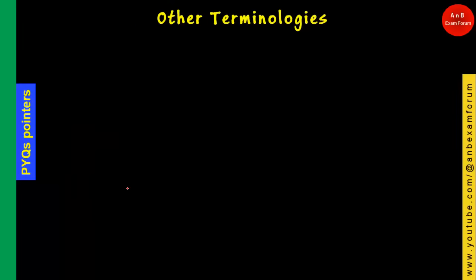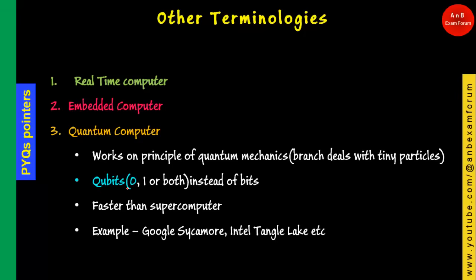Coming to the other terminologies like real-time computer, embedded computer, and quantum computer. The real-time computer, as the word suggests, is one where the output should be produced in real time. Real time means the exact timing, the right time.